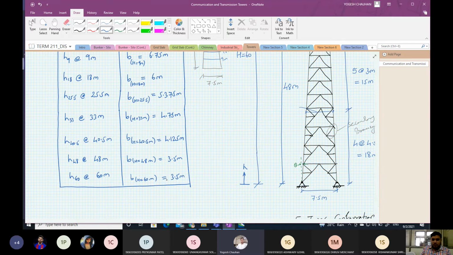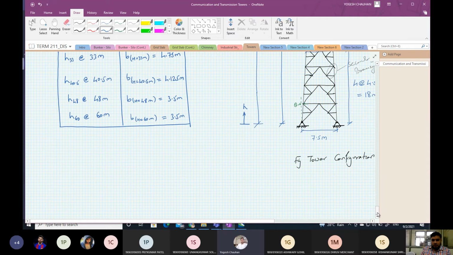Now we can find the inclination of the bracings in different segments, the inclination of diagonal bracing at various heights.